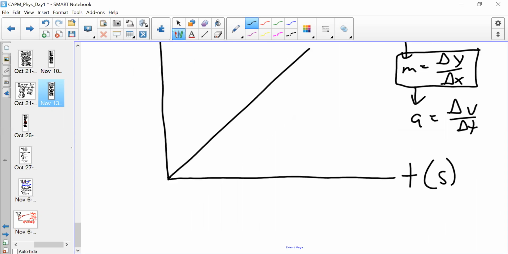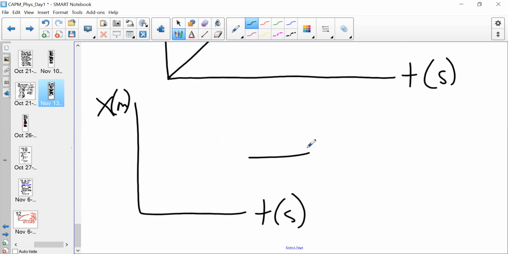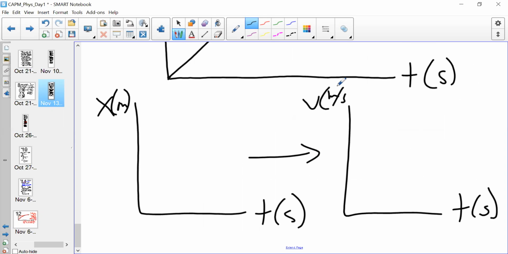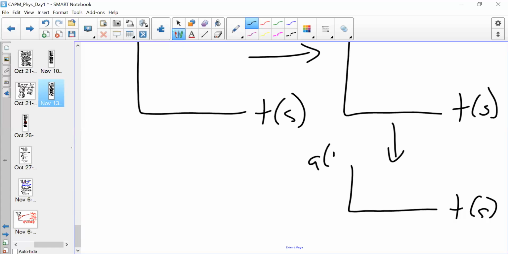So let me visualize this for you. x versus t to v versus t to a versus t. When you go from x to v to a, as mentioned, those are slopes. x, v, a, you take slopes.